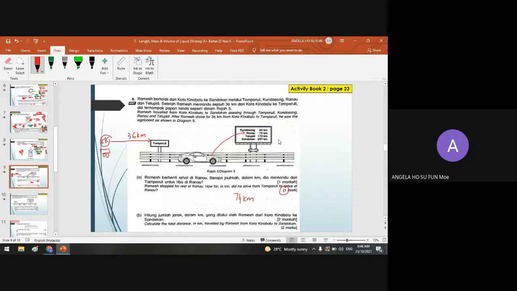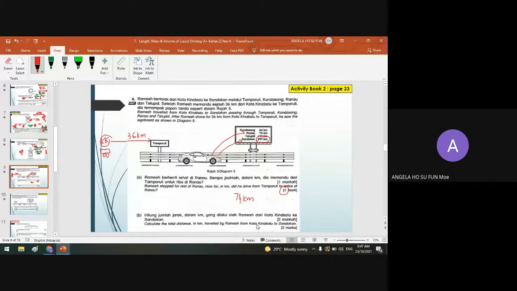But continuously it will be harder. You have to understand the situation, then only you can do. Right. B, calculate the total distance, in kilometer, traveled by Ramesh from Kota Kinabalu to Sandakan. From Tampaluri to Sandakan, that is 299 kilometer.